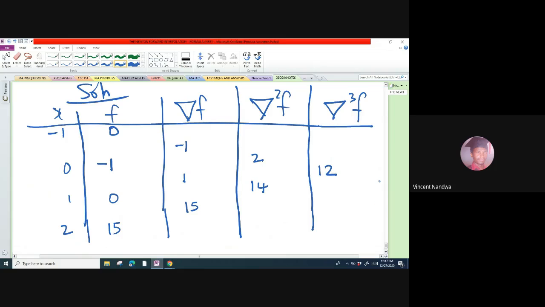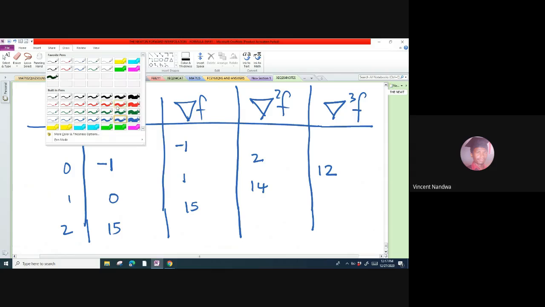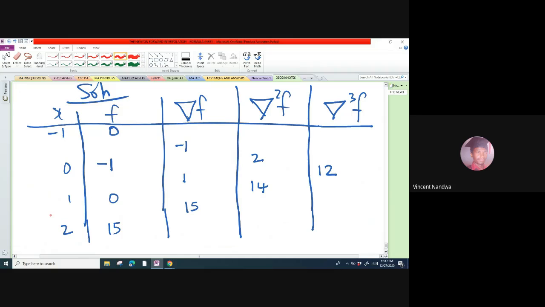Because we want to use the backward difference formula, we start at the bottom. So this is the row that we need to start with. So this becomes the row that we need to use. And once you identify this row, then you pick this diagonal.